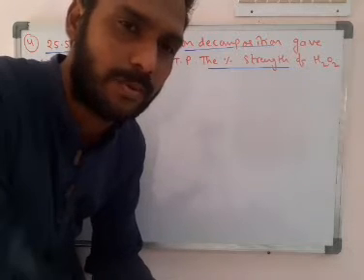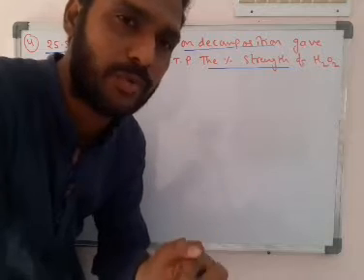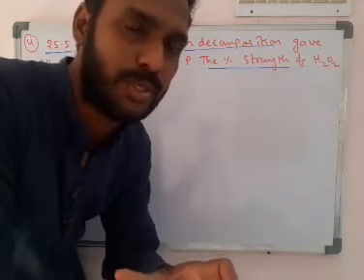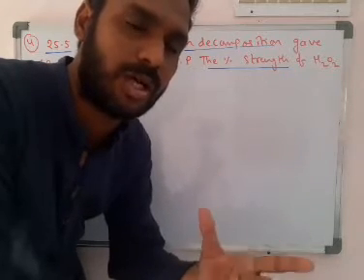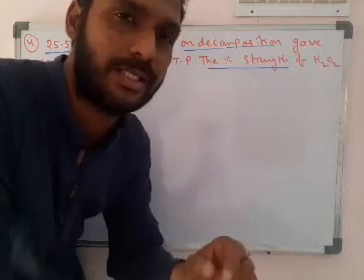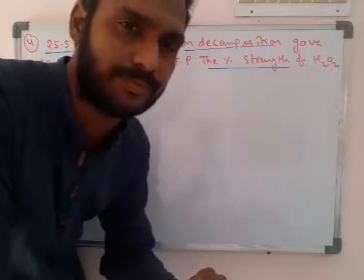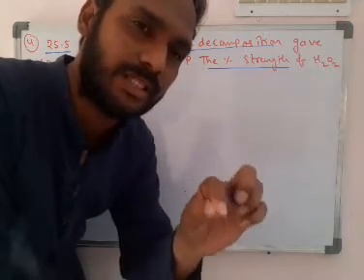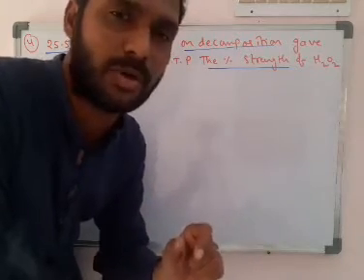It easily decomposes giving water and oxygen. To check the purity of hydrogen peroxide, we look at the amount of oxygen, the volume of oxygen formed in the decomposition reaction. The oxygen formed in that reaction tells about the purity of that hydrogen peroxide sample.